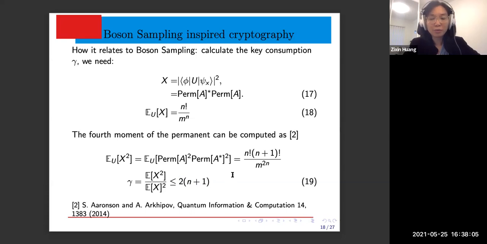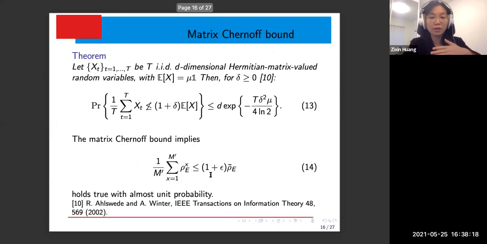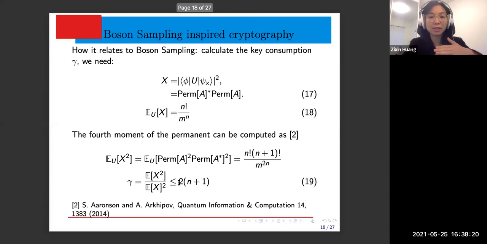So, spoiler alert, if log gamma is the key consumption, then you're transmitting log m choose n bits, and one of the terms scales as log n bits. This is a huge difference, and it doesn't scale with m.